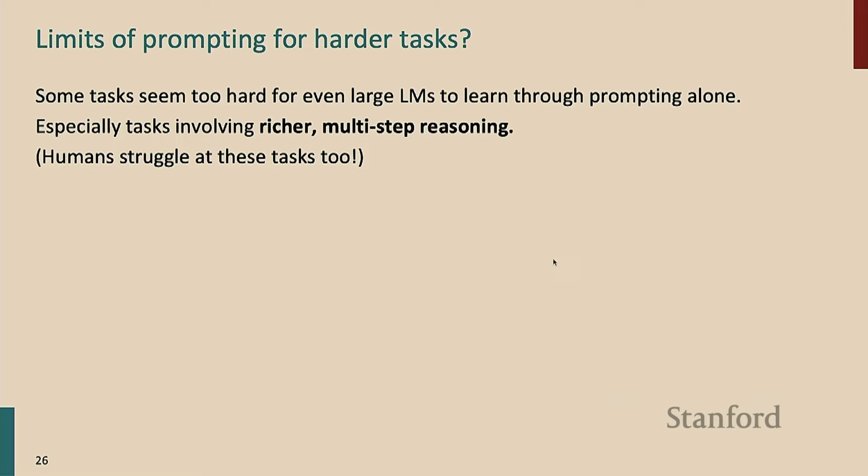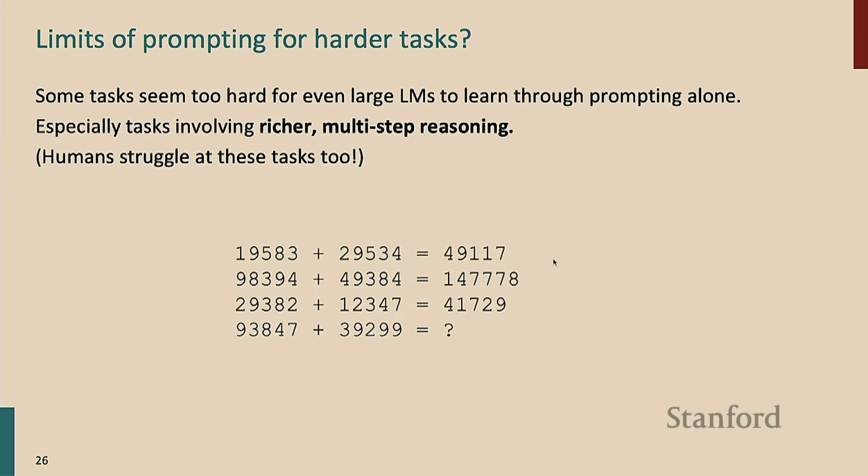Okay. So you might think, and you'd be right, that there are some limits of prompting. Well, there are a lot of limits of prompting, but especially for tasks that are too hard. There are a lot of tasks that maybe seem too difficult, especially ones that involve richer reasoning steps or needing to synthesize multiple pieces of information. And these are tasks that humans struggle with too. So one example is GPT-3.